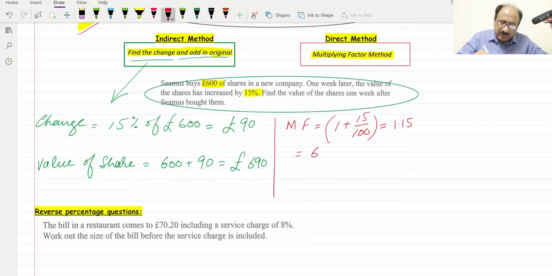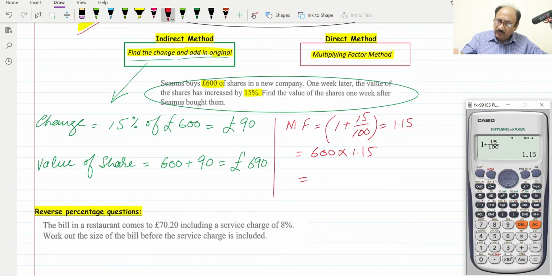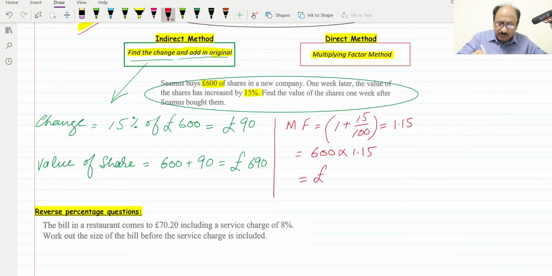So 600 multiplied by 1.15 will be equal to 690. So 690 pounds will be our answer.